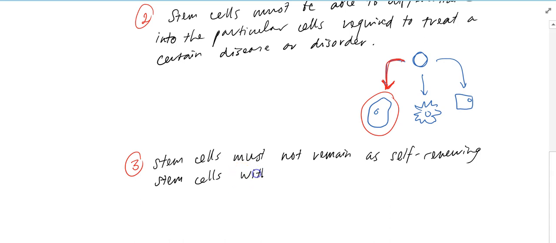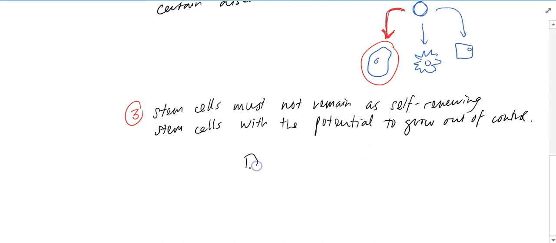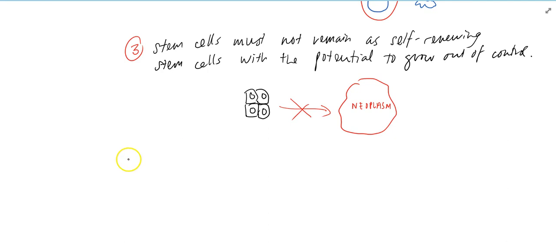So they must not remain as self-renewing cells with the potential to grow out of control. Once we have our cells and they've been grafted or transplanted into somebody, they must not turn into a mass of cells. So we cannot have them turning into neoplasms or tumors. So that's the third challenge.